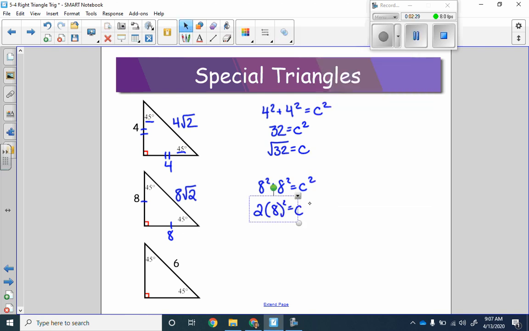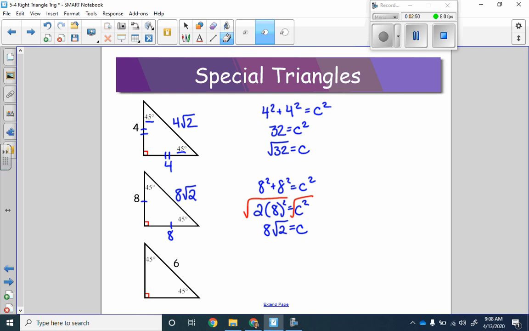Then when you take the square root of everything, the square root of 8 squared gives us the 8, and you leave the square root of 2 underneath there. So just a little shortcut for us.